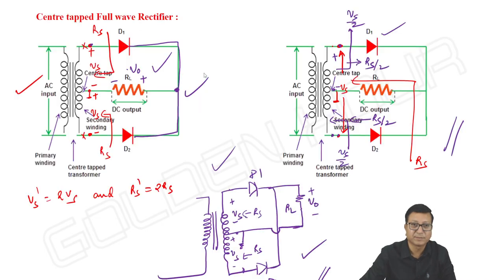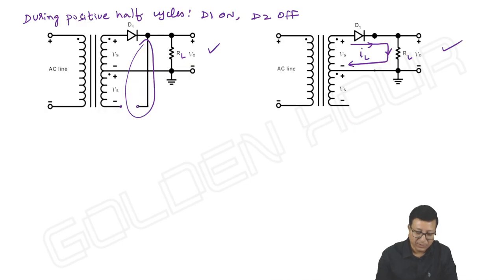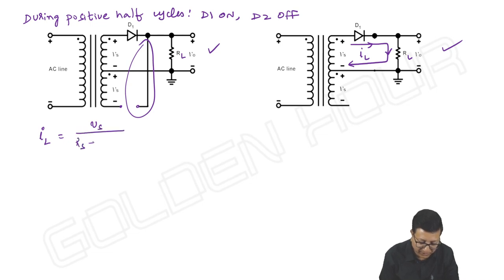Okay, that's it. So I can write IL is equal to Vs by Rs plus Rf plus RL, or it is Vm sin theta by Rs plus Rf plus RL.